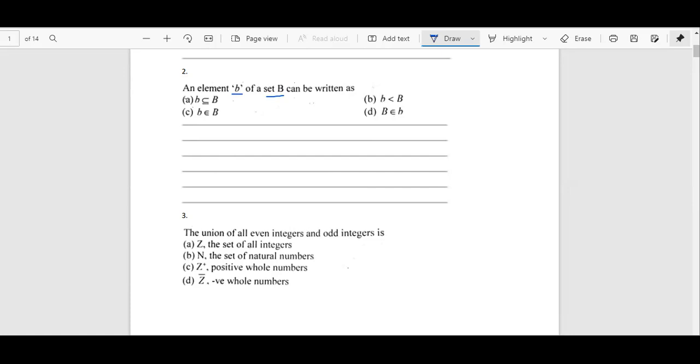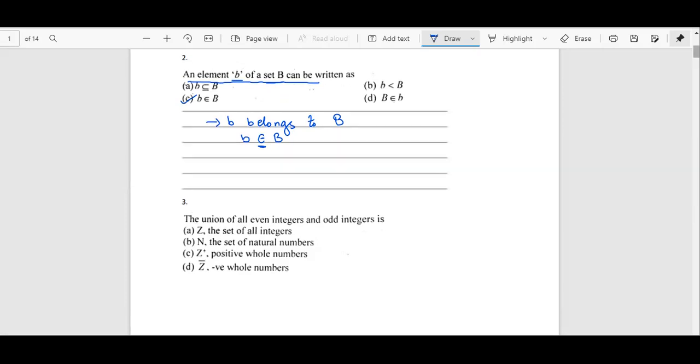So I can write it as that small b belongs to the set B. Obviously, I can rewrite this thing this way, right? And if I define it in mathematics, it would be written as b belongs to capital B. So this is the sign which we use for belongs to. This means that C is the answer. All right. So this was easy.